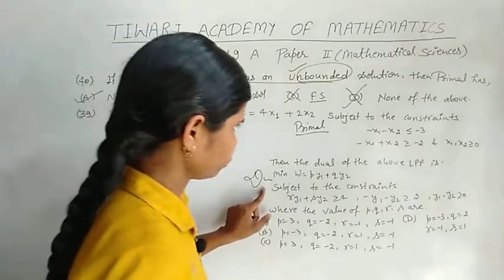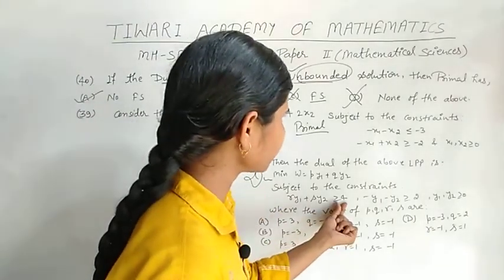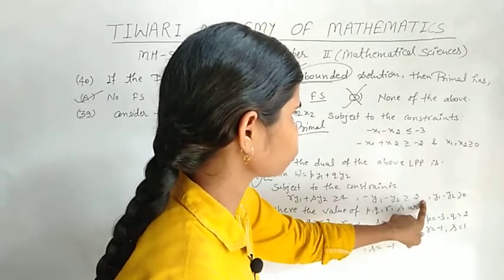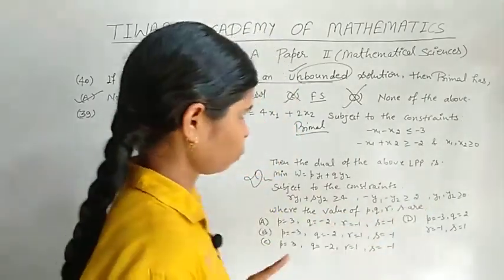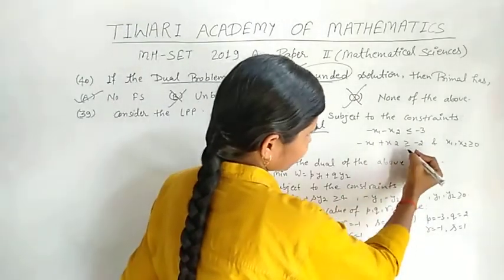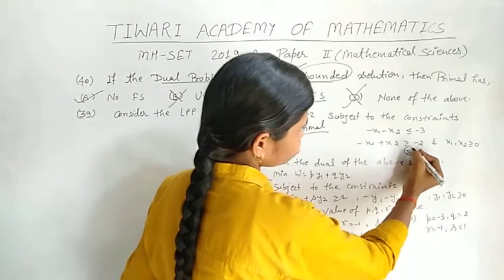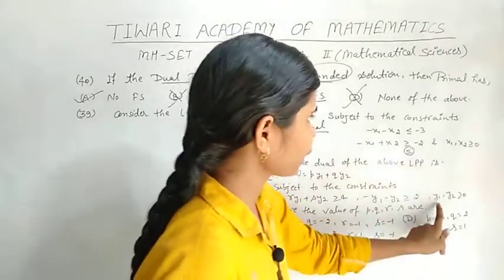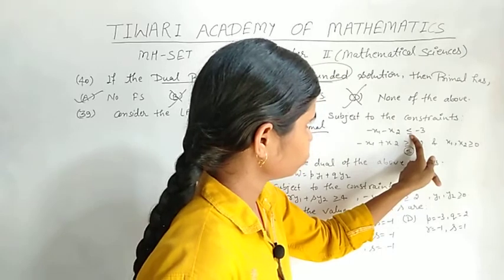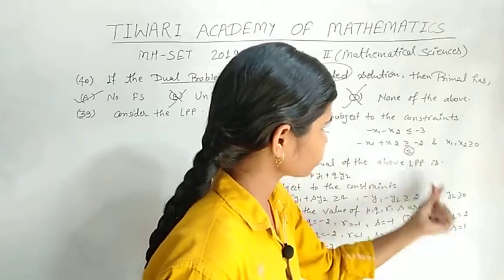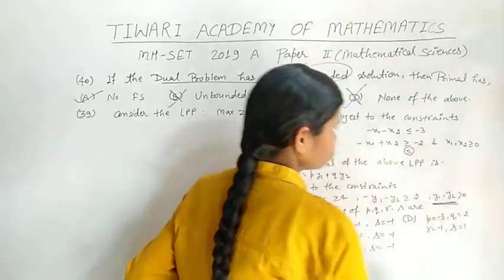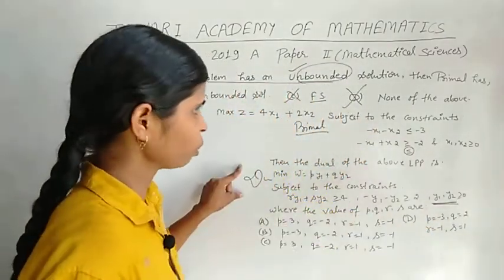In the dual, the first constraint is greater than or equal to, the second constraint is also greater than or equal to. If the sign in the primal is less than or equal to, then its opposite is greater than or equal to, and this is our non-negative restriction in the dual problem.